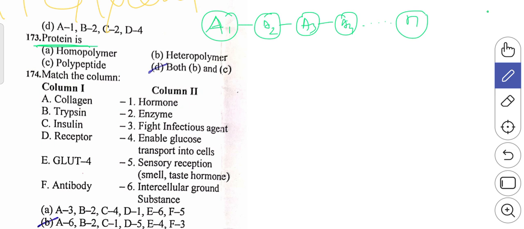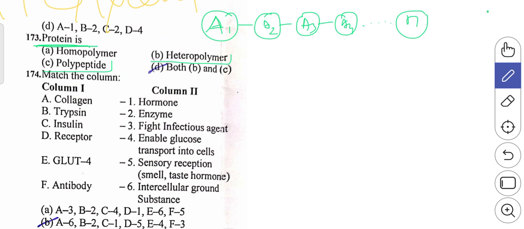So protein contains many amino acids which are totally different. So it is a heteropolymer, and also it is considered a polypeptide. Polypeptide means many peptide bonds will be seen in a protein.